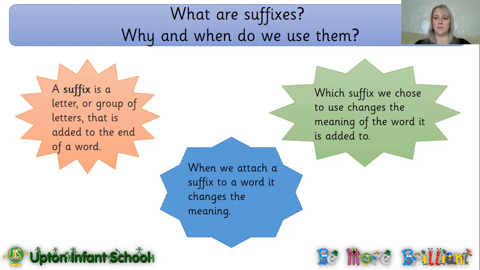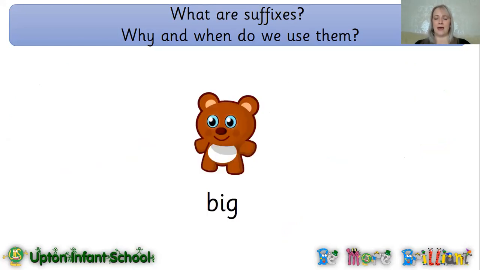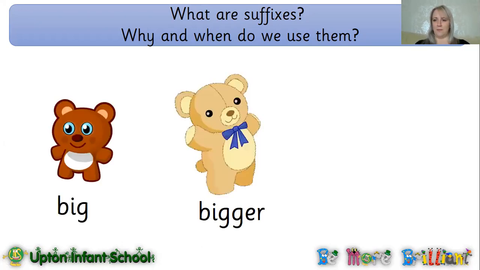We're going to look at this a little bit closer now. So here I have a bear, and although he's a baby bear, we all know that bears are big. So I've written the word big. B-I-G, big. There is my big bear. However, when I put another bear in the picture, this bear is a lot bigger than this bear.